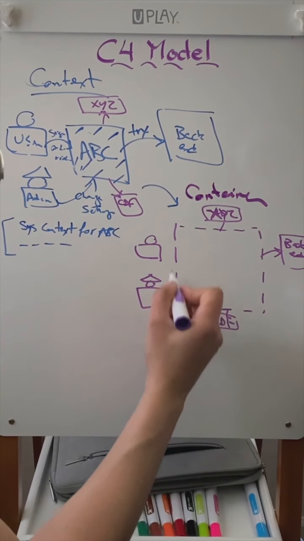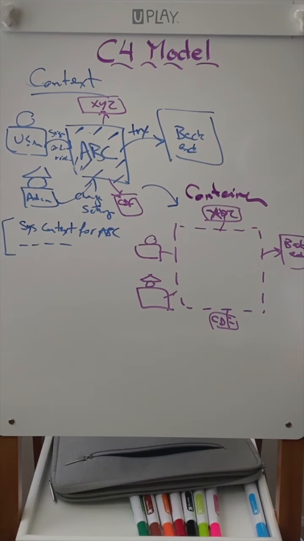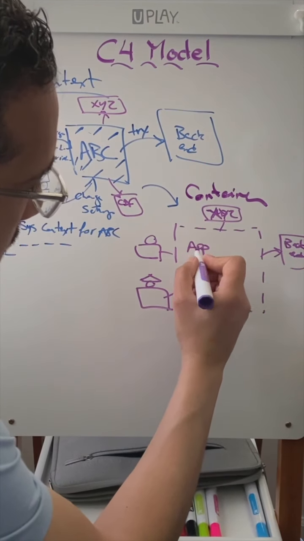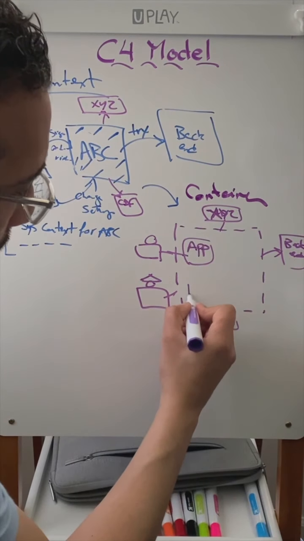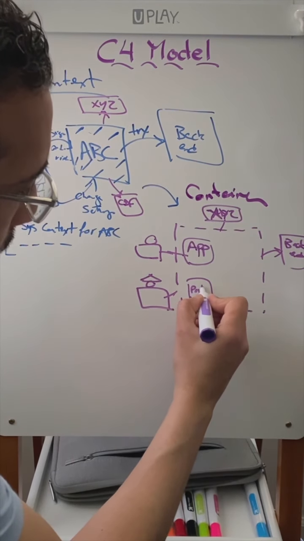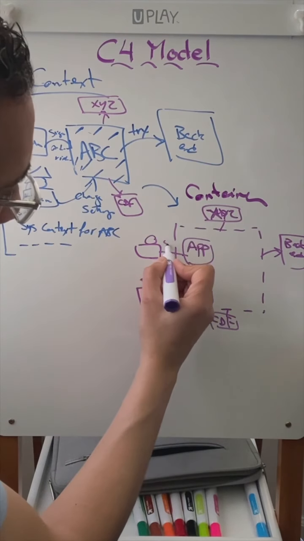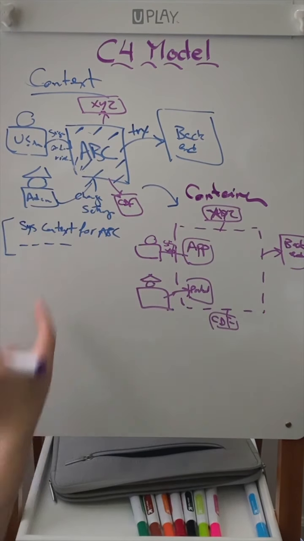We'll figure out where this relation is going into that part. Inside that, you would have an app here for this user to work with. The admin would have a different portal to work with. You would name this as the same relation. So this is sign up, similar to what we had here. This is the exact same one.